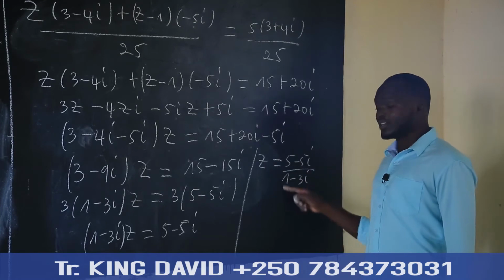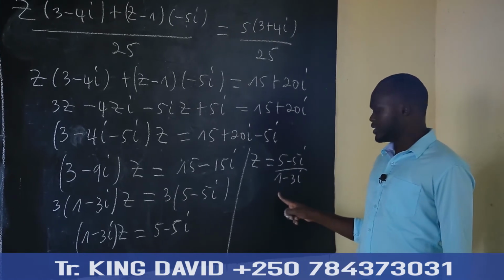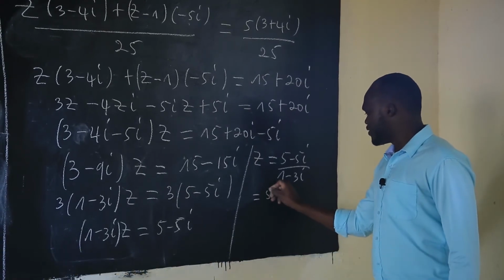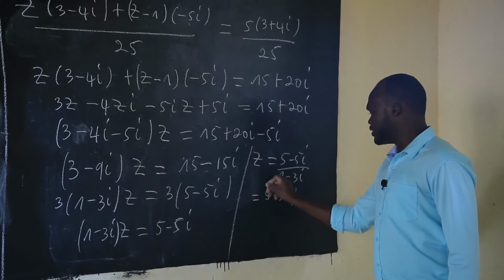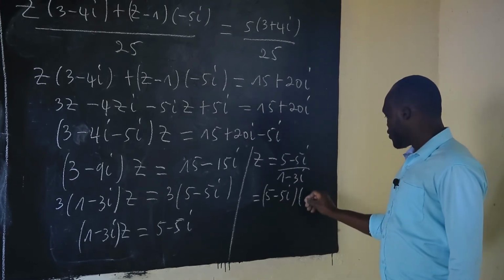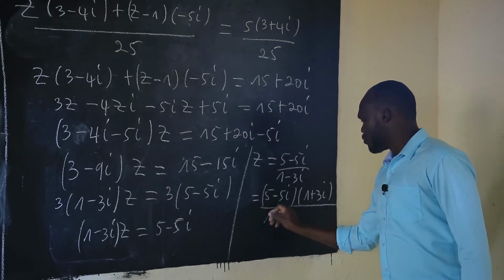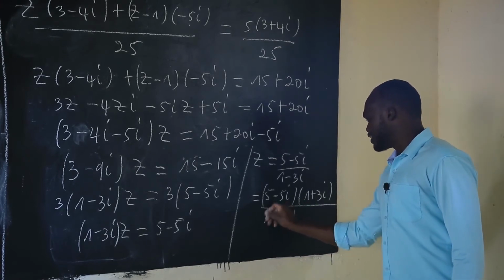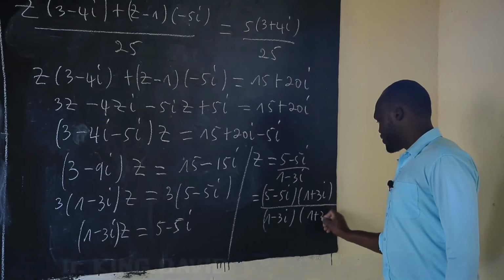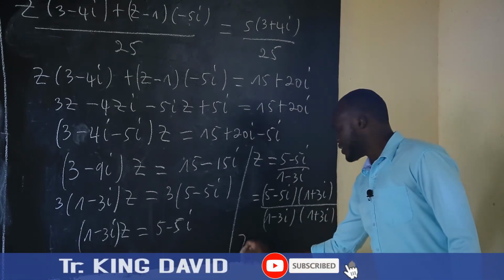Remember, we have to write this one in algebraic form. So which is (5 minus 5i) into bracket (1 plus 3i) divided by (1 minus 3i) into bracket (1 plus 3i). So what is the value of z here?